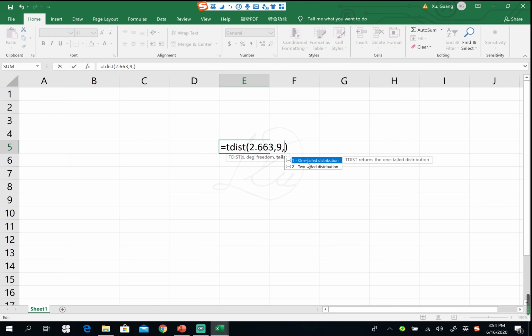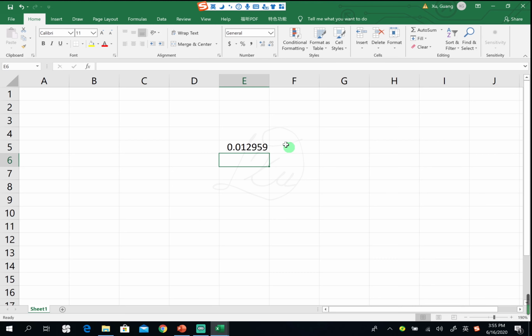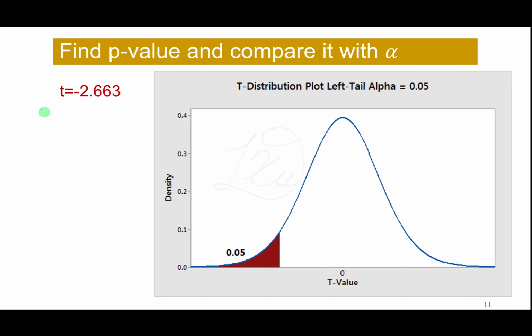Now we use the one-tail distribution because we only care about whether mu test is less than mu compare, and we don't care about whether mu test is larger than mu compare. So I put 1 here. So p is 0.012959.